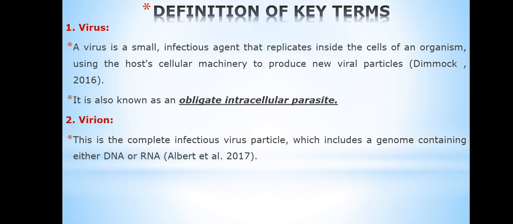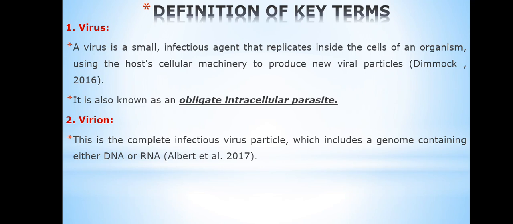We say it's small because, among all the different types of microscopes that exist, it's only an electron microscope that can be used to view a virus. So it simply means that it's very, very small.